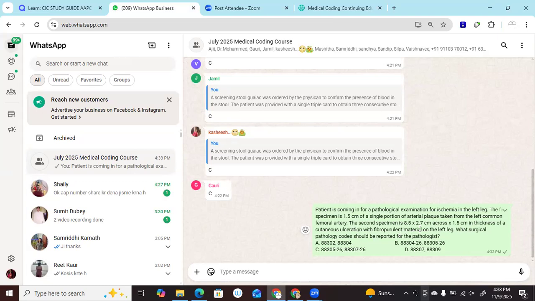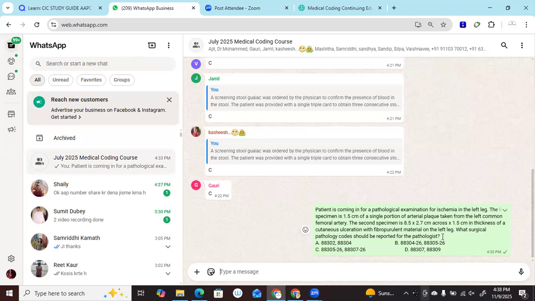And the second specimen is 8.5 by 2.7 centimeters across. So this is basically the size of the specimen. The patient has cutaneous ulceration, that means skin ulceration, with fibropurulent material on the left leg.